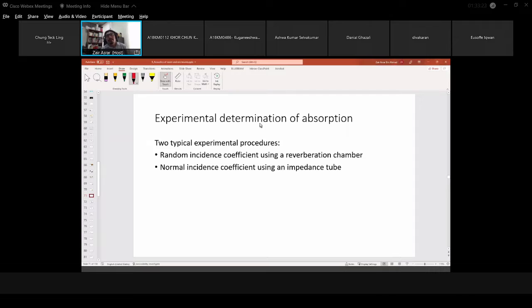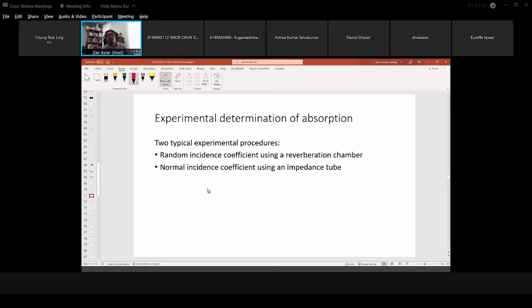To measure absorption experimentally in the lab, we have two approaches to do that. The first one is to use a reverberation chamber. The other one is to use an impedance tube. In the case of the reverberation chamber, we're assuming that the sound is coming from different directions, or basically random direction or random incidence. So the value that we are measuring will be the random incidence coefficient of this absorption coefficient.